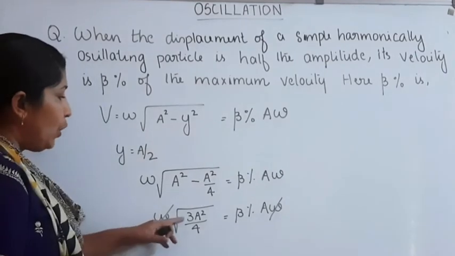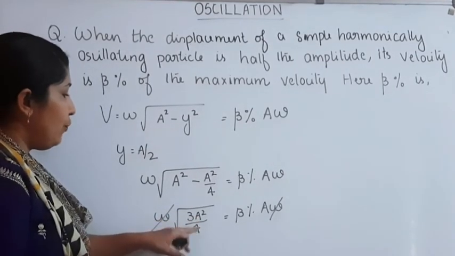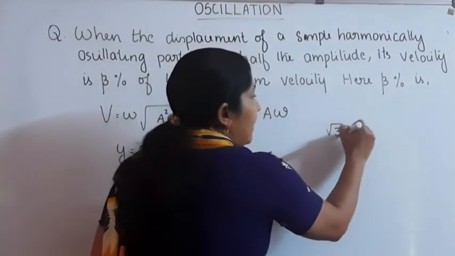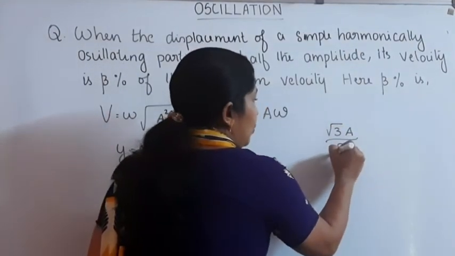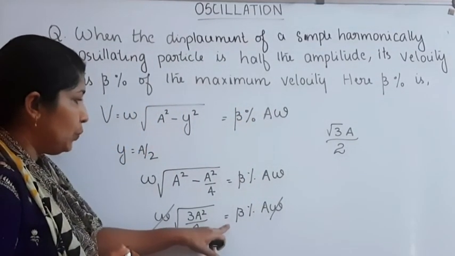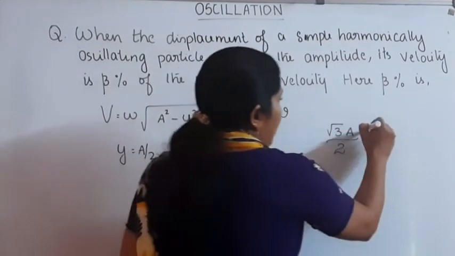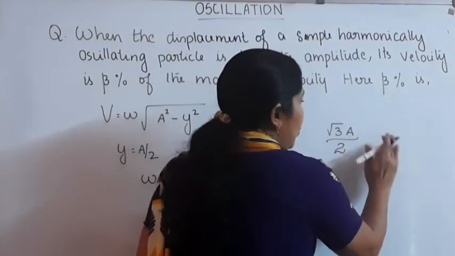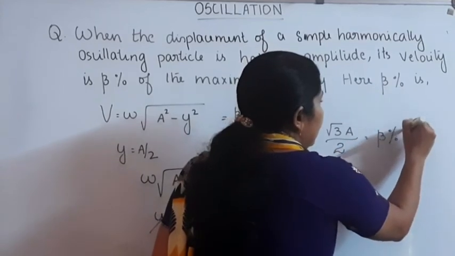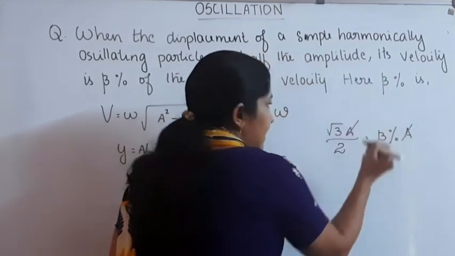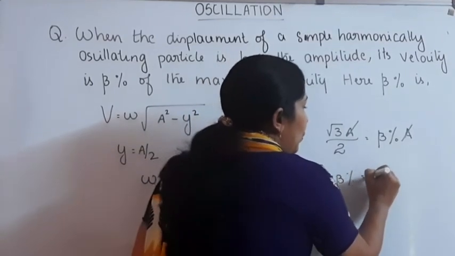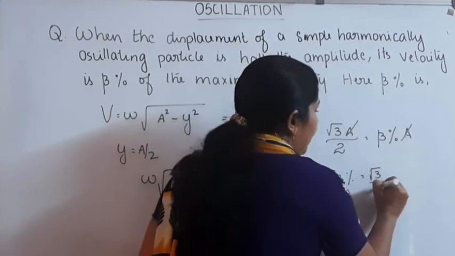Then root of 3a square by 4 is equal to root 3a divided by 2. Root 3a divided by 2 is equal to beta percentage a. A gets cancelled. Then beta percentage is equal to root 3 divided by 2.